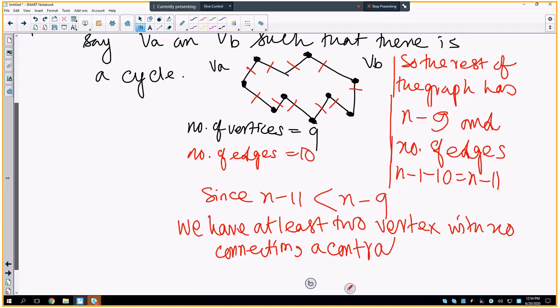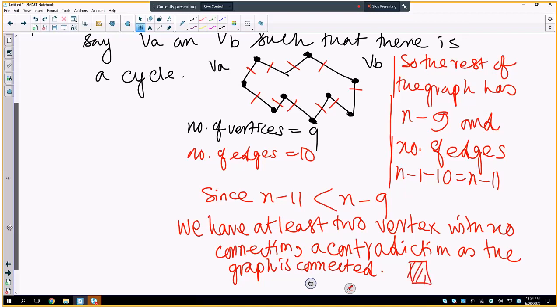So it's a contradiction as the graph is connected. And that is what is going to prove the result. Hence, we have proved there are 5 equivalent conditions. If you were a tree, then either of 2, 3, 4, and 5 is going to be a characteristic to identify yourself as a tree.